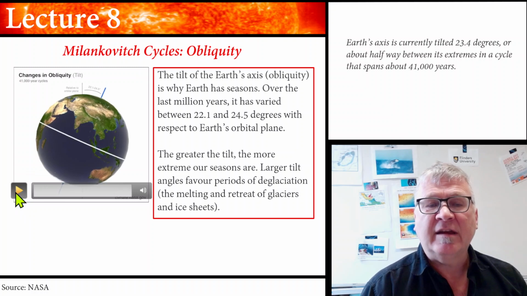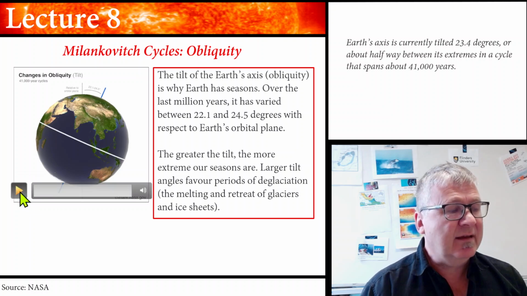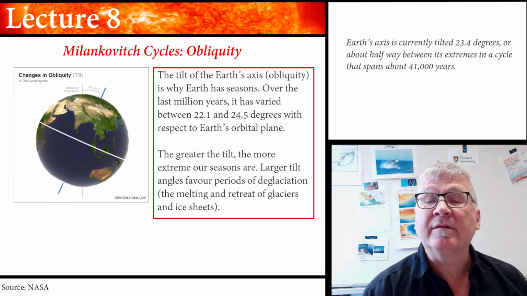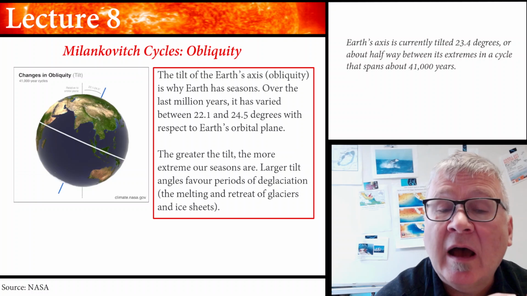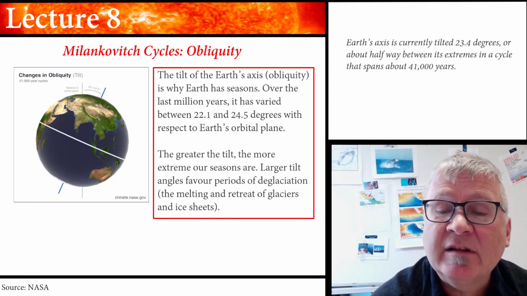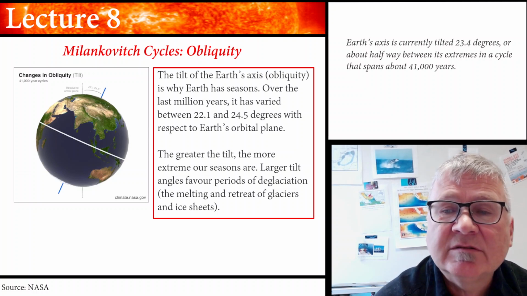You see changes. They're only small, okay, but it can change the seasons. The greater the tilt, the more extreme the seasons. Larger tilt angles favor periods of deglaciation, the melting and retreat of glaciers and ice sheets.